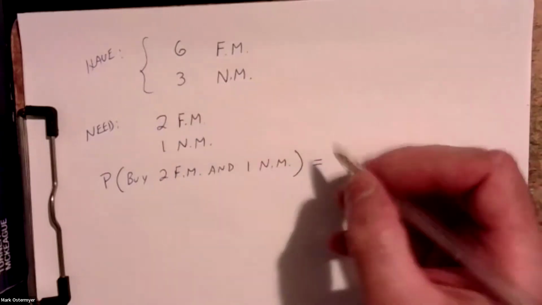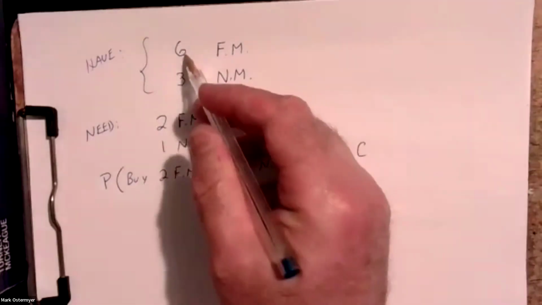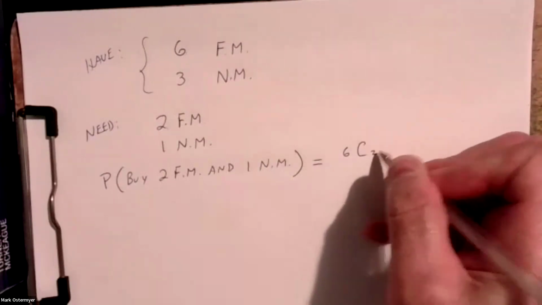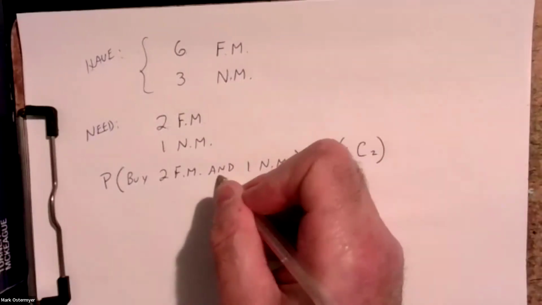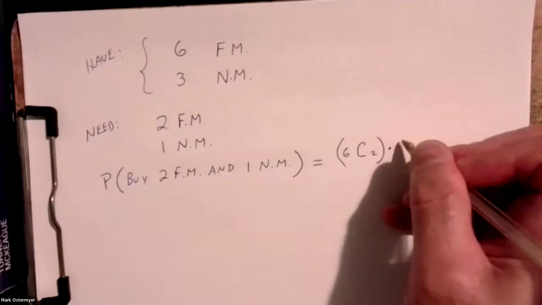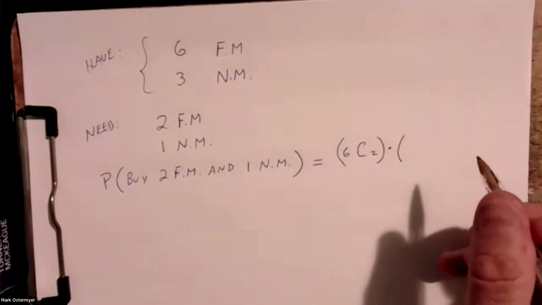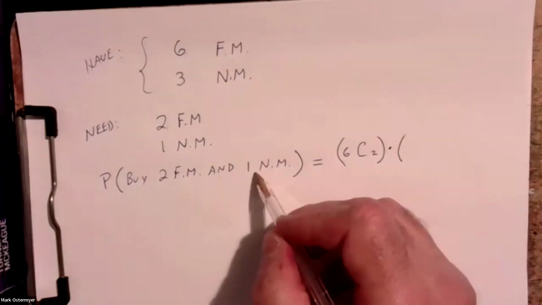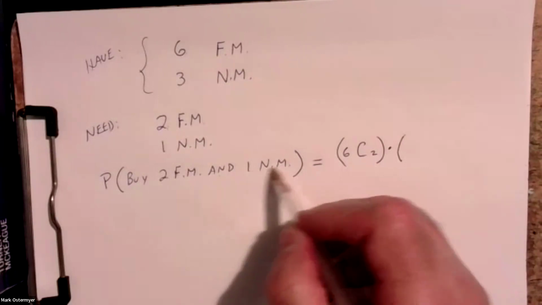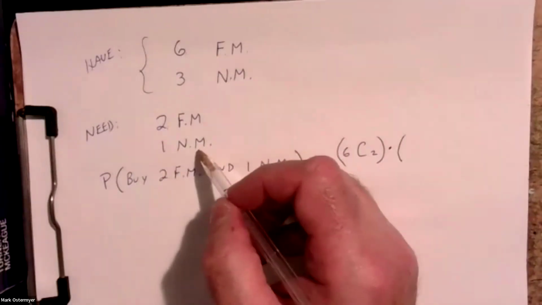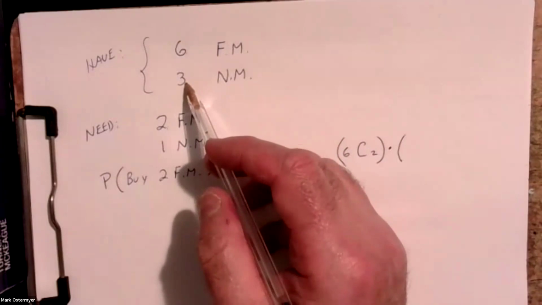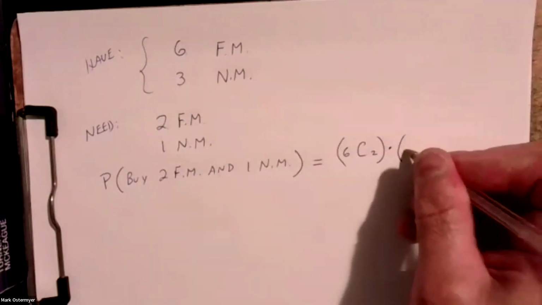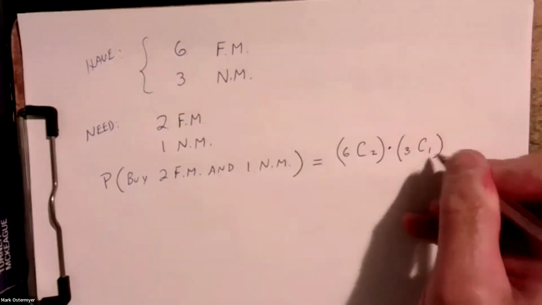That's going to be 6 in combination with 2. And means multiplication in probability. We will discover that when we get into the addition and multiplication rules. And the person wants to select 1 news magazine. How many ways can we select 1 news magazine from 3 available if order does not matter? That's going to be 3 in combination with 1.